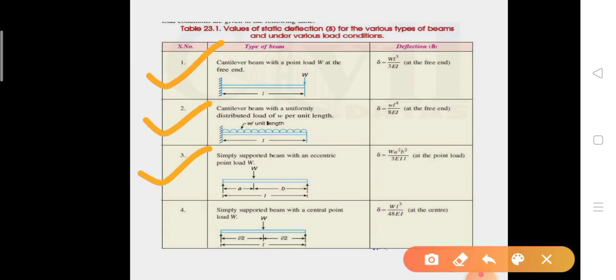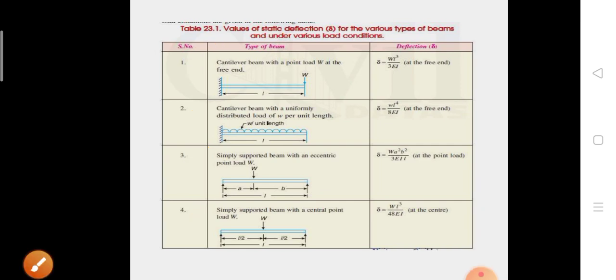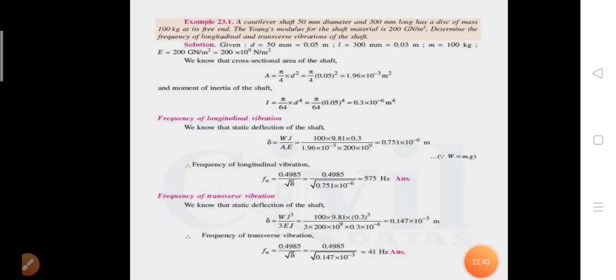You find these deltas from these equations and put the delta value into the frequency equation. Okay, so let's take one example.